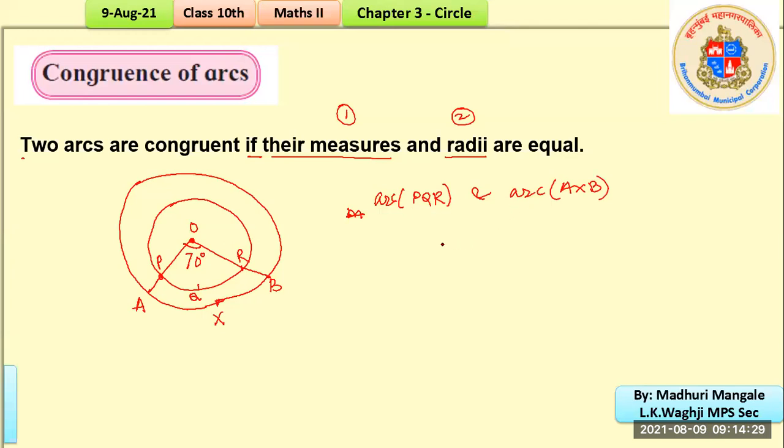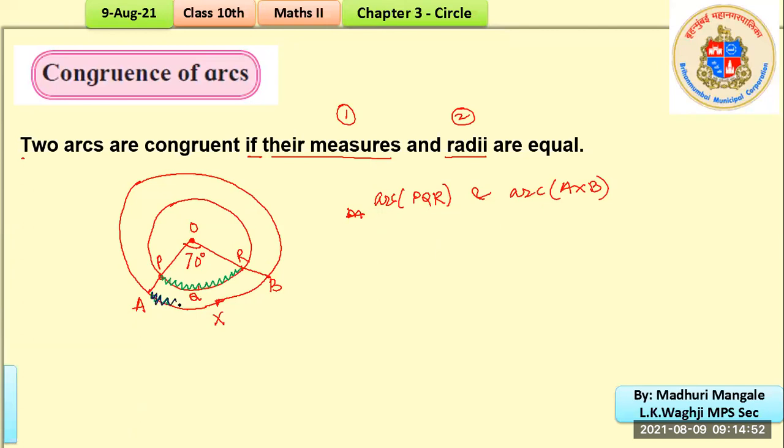We need to check two things. We know that the measure of the arc is equal to the central angle. When I say arc PQR, let me highlight it in green. PQR is this part, and AXB is the other one, in another color.